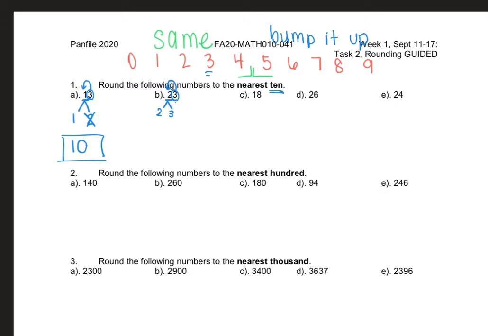Well, the 3 is right here, in the, quote, same section. So I don't have enough to bump up to a 3, which means the 2 has to stay at a 2. And everything else behind it reverts back to a 0. I only had one place.